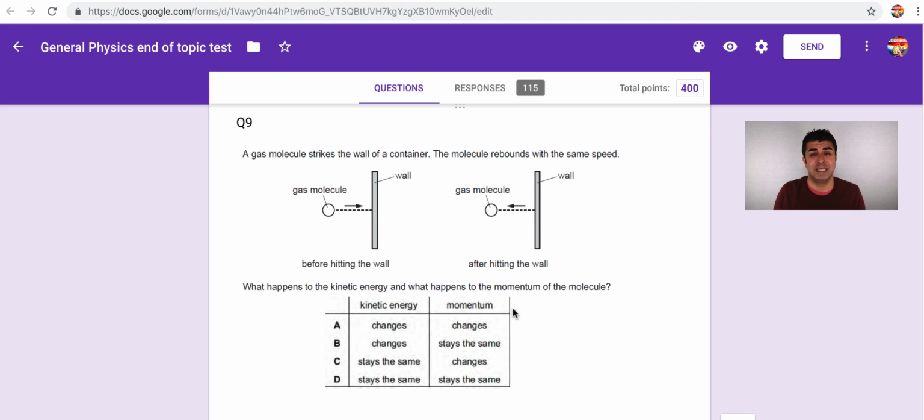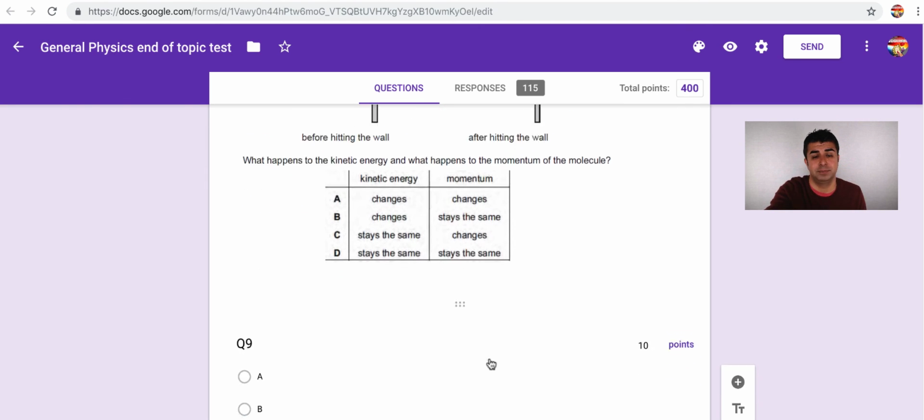What that means is we've got to consider the wall. However, here they're only considering the gas molecule, so basically the momentum before and after for that individual molecule will not be the same. There will be a change in momentum. So the answer here is C.